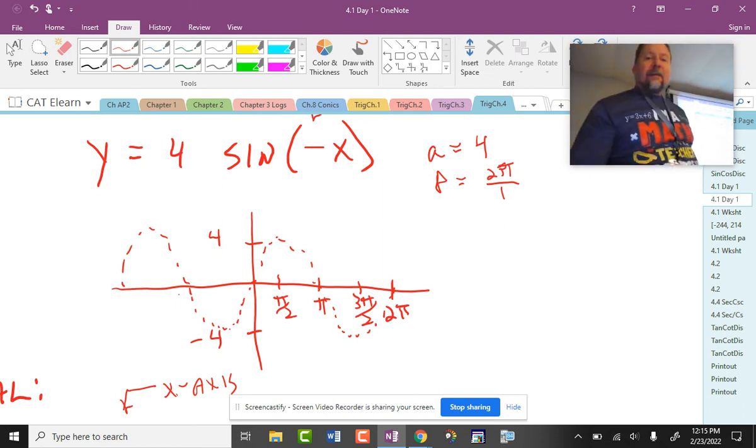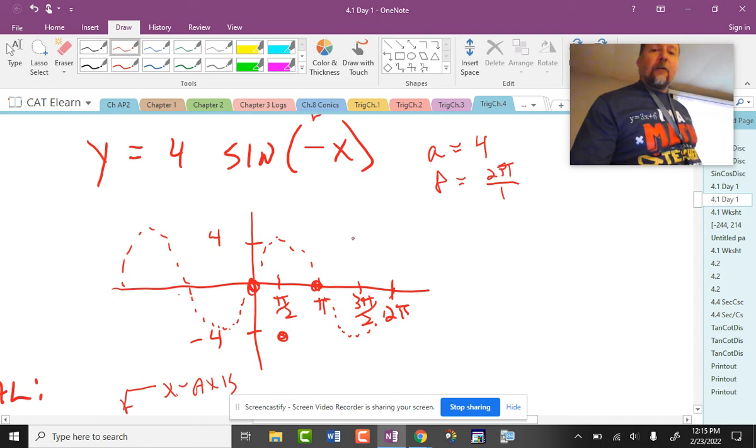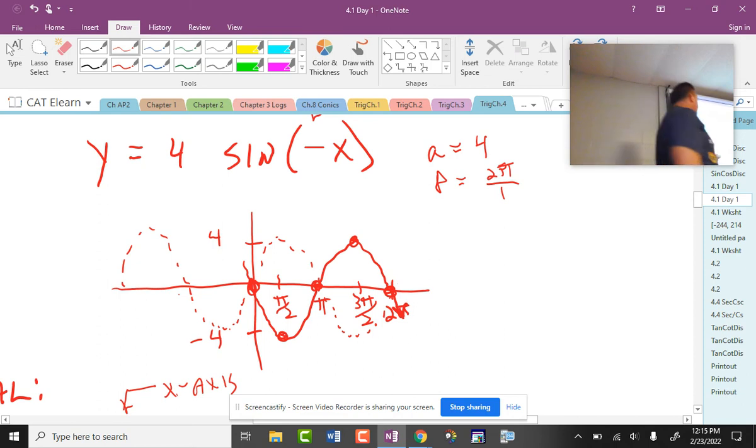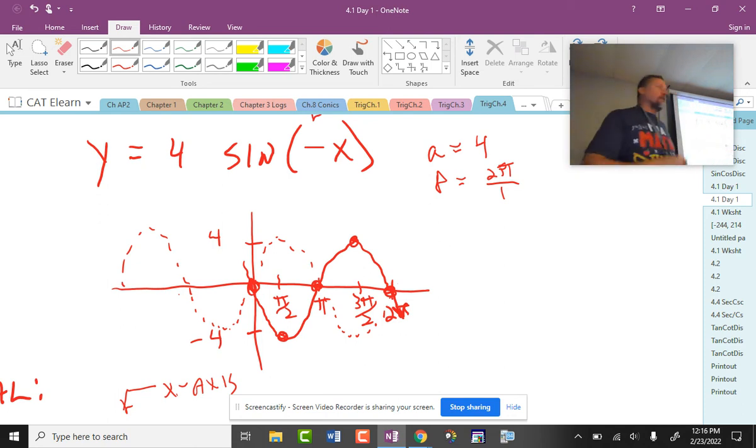So actually, this is here, then here, then here, then here, then here. So it looks like what we would call an upside down sine curve. But if you look at that dotted part that I created before the reflection, this dotted bowl does slap on top of this, and then this one does slap on top of that. So think of a y-axis reflection and how that would look.